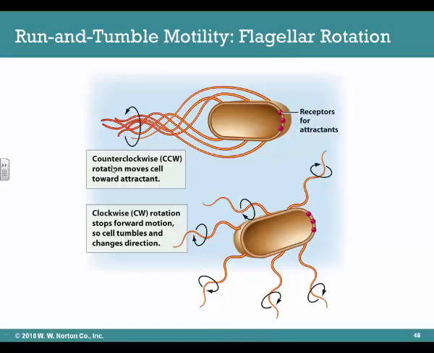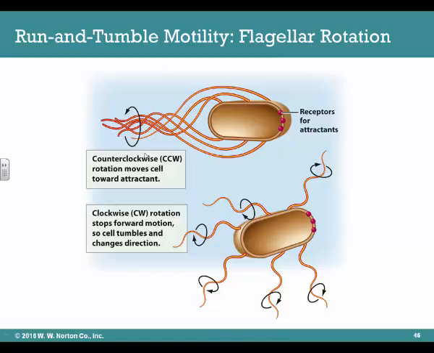and that direction is counterclockwise, which drives them in a run, specifically toward an attractant. And then they pause and reset by spinning in a clockwise rotation. That sends them kind of tumbling in random directions, but then with the next counterclockwise rotation, they again move toward the attractant.